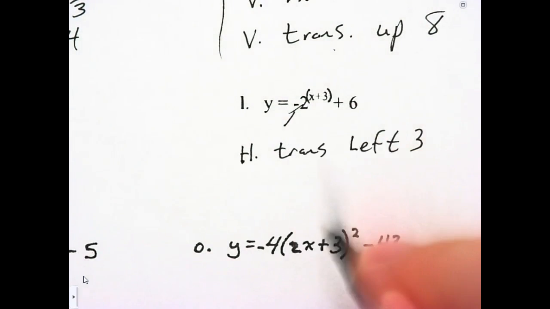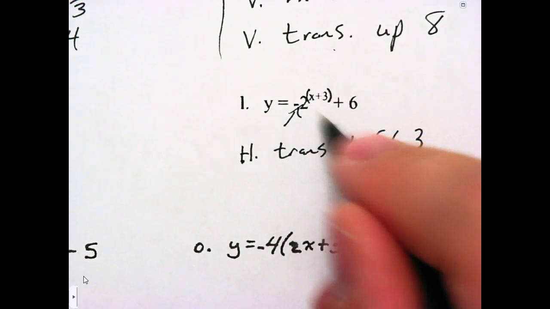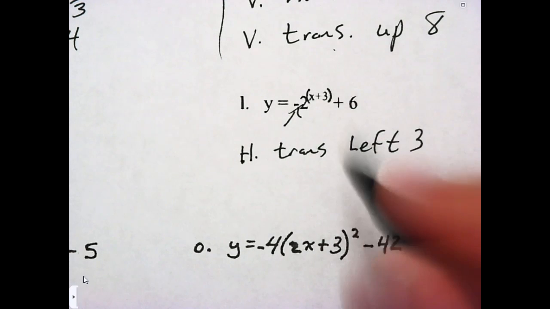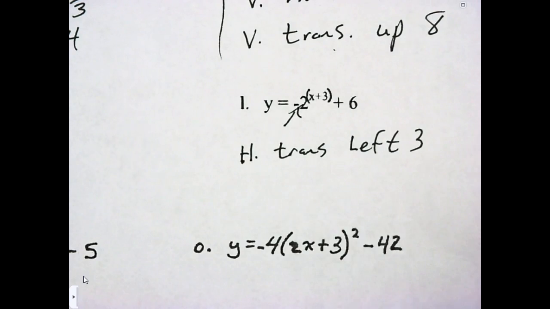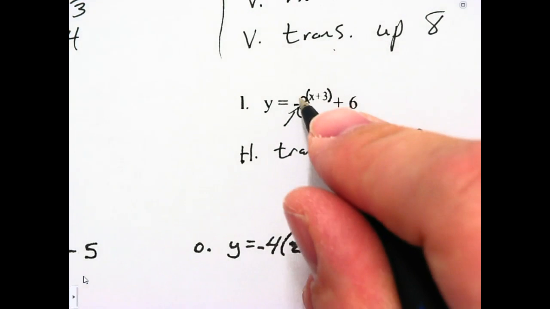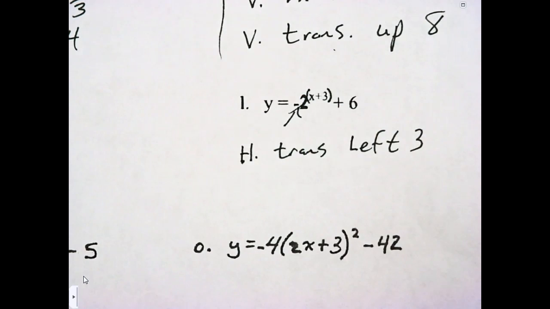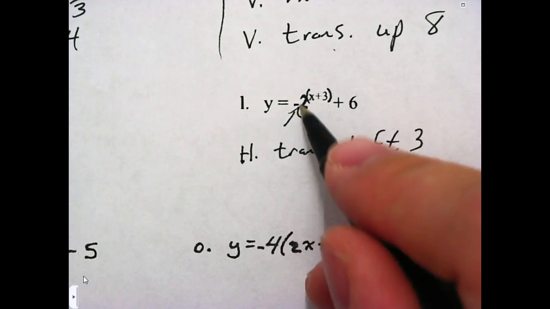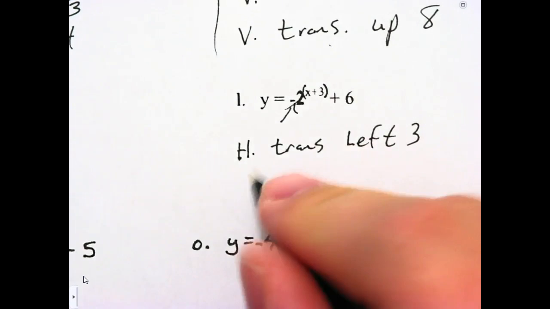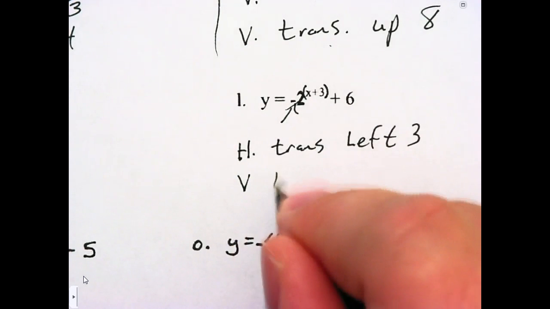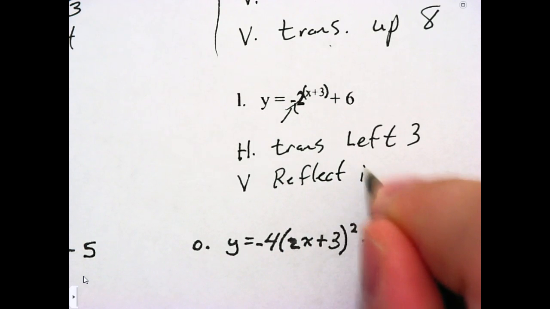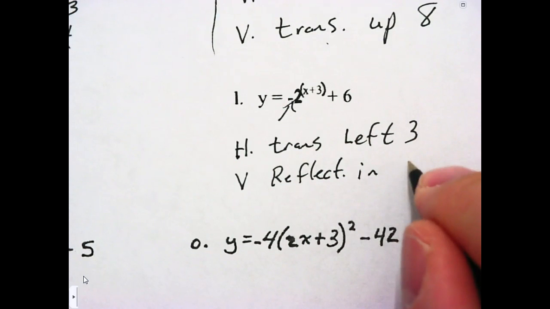The negative. Now the 2 in this case is called a base number. You don't deal with the 2 here. You just deal with the negative. Okay, so this is a base. I know that's weird, but when we study exponents, I'll explain it a little more. The 2 is a base. Okay, the negative is what we deal with next, and that's a vertical reflection in which axis?